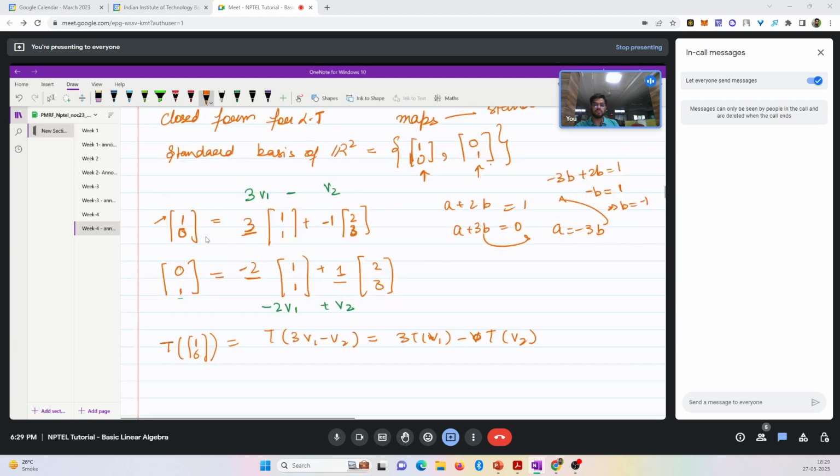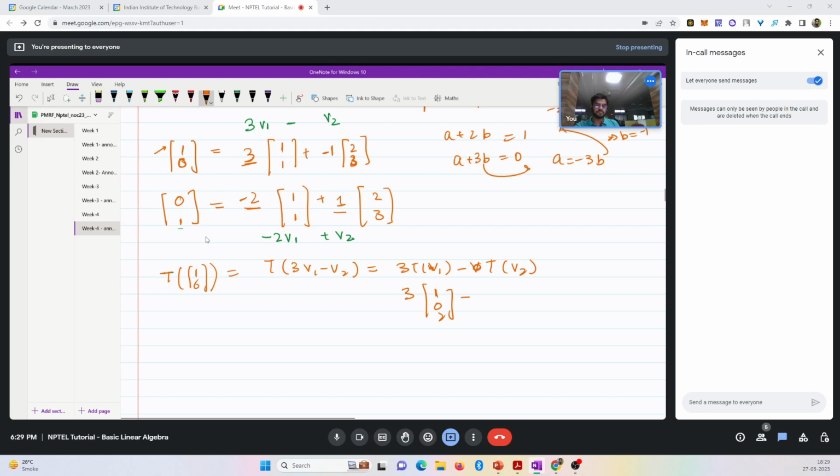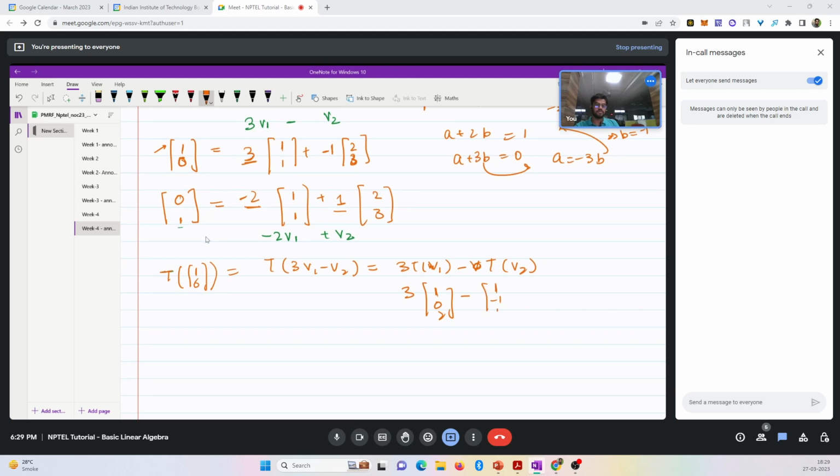This is (1, 0, 2). So this is 3 times (1, 0, 2) minus (1, 1, 4). What do we obtain? This is 3 minus 1, 2. 0 minus 1 is minus 1. 6 minus 4 is 2.